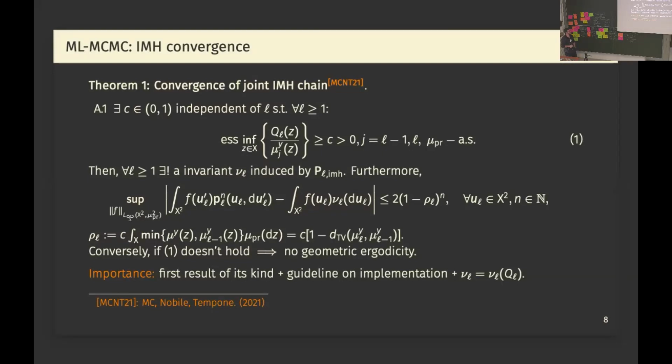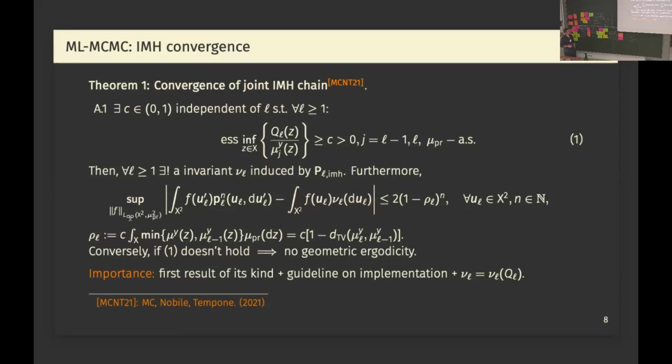And why is this result important? Well, first of all, it's the first result of its kind, meaning that I think it is the first time that someone looked at whether this algorithm for the multi-level MCMC induced a joint measure, and whether this measure existed, was unique, and the chain converged to it.